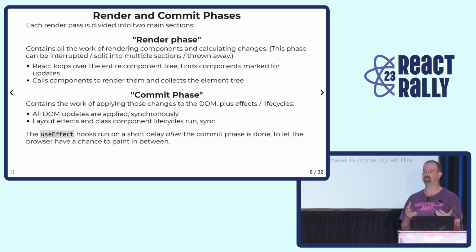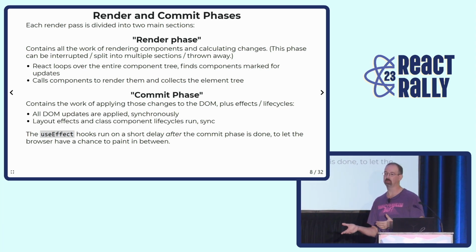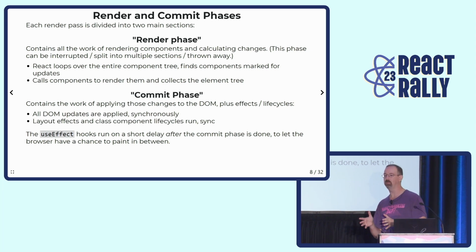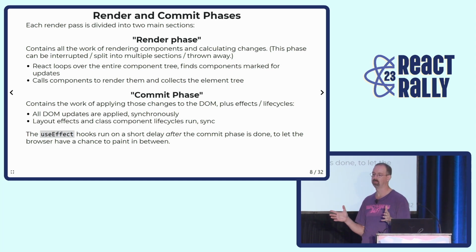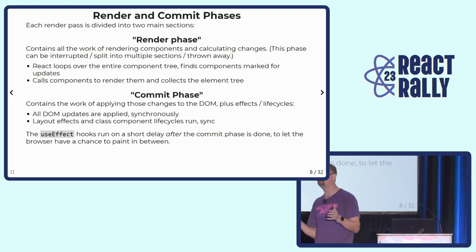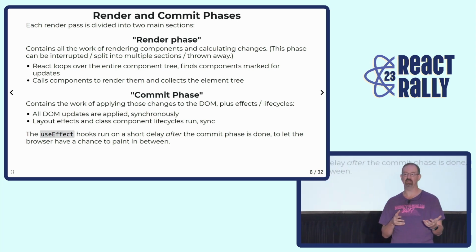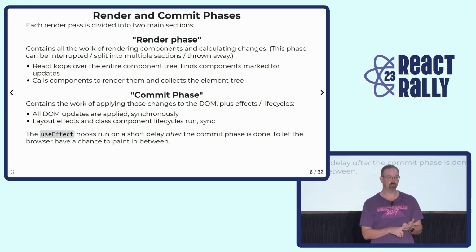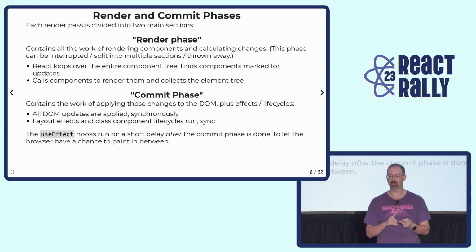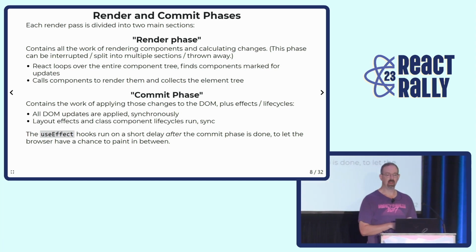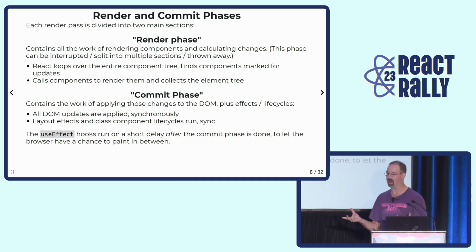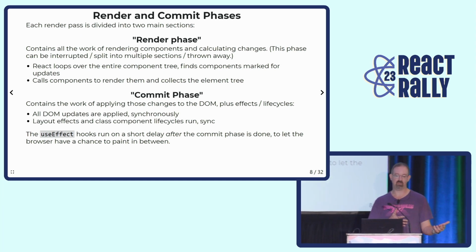Once it actually knows what changes need to happen, it goes through the commit phase, where it knows here are the changes we need to apply to the DOM. Go ahead and execute all of those synchronously. At the end of the commit phase, React then runs some of the lifecycle methods. It runs your useLayoutEffect callbacks, or the old style class component componentDidMount, componentDidUpdate. And then your useEffect hook callbacks run on a short timeout after that.